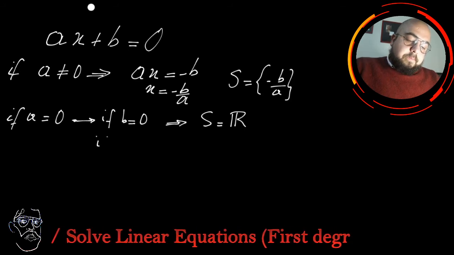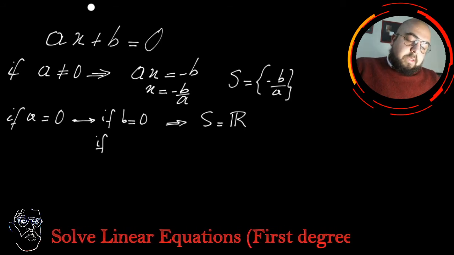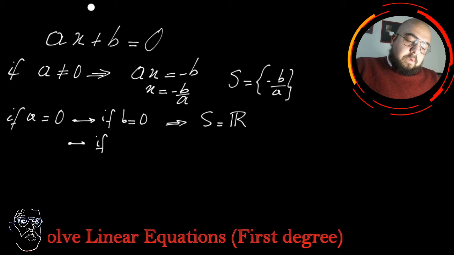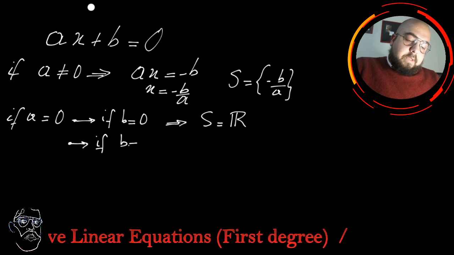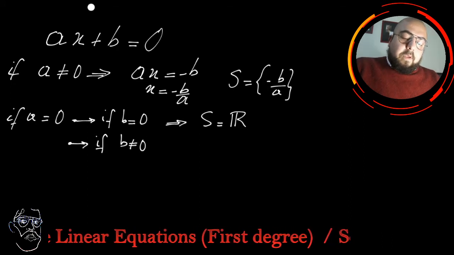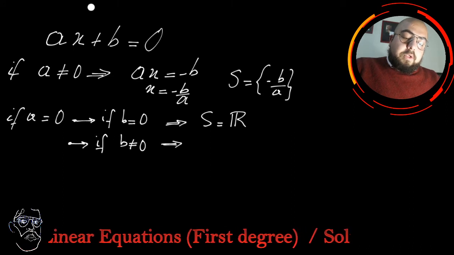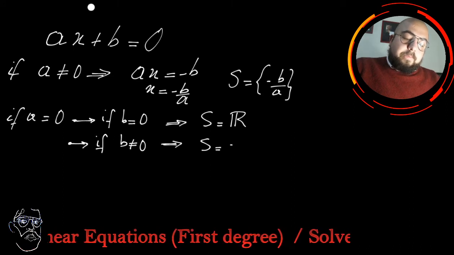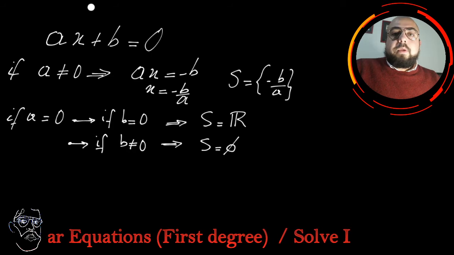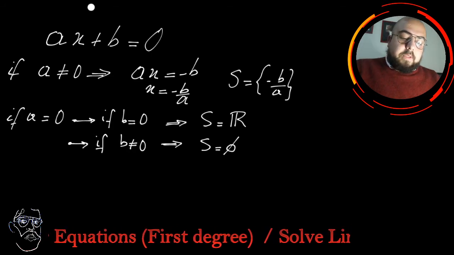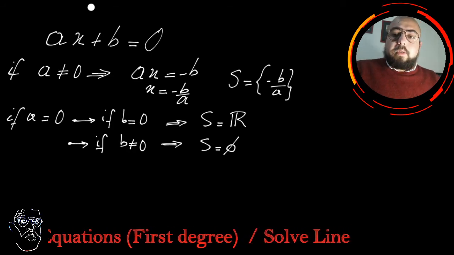But if this is the second case, if b is different than 0, in this case we do not have any solution, so S is equal to the empty set. All right.